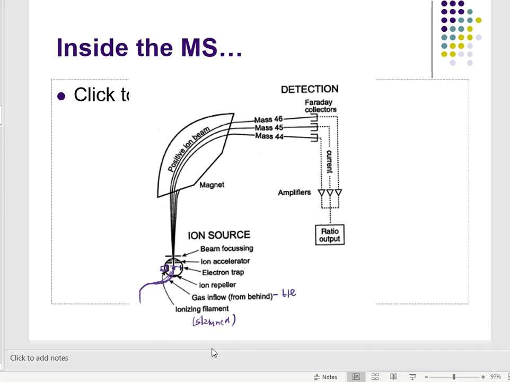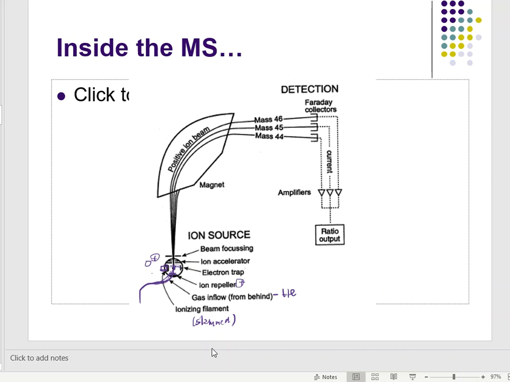Well, when that positive charge happens inside of this little space, we also see what we call an ion repeller. The ion repeller, well, it's going to be a positive charge. And the reason is because when these positive pieces get created, we don't want them to stay around in this area. And we've talked about this before. So this area has to have a repeller.